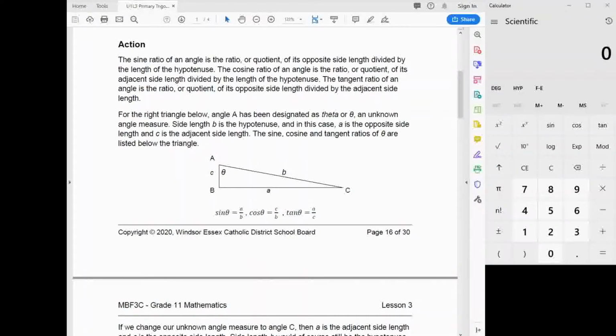And our hypotenuse is B, because B is opposite of the 90-degree angle. So our sine, cosine, and tangent ratios for this triangle would be sine of theta equals A over B, cosine of theta equals C over B, and tan of theta equals A over C.